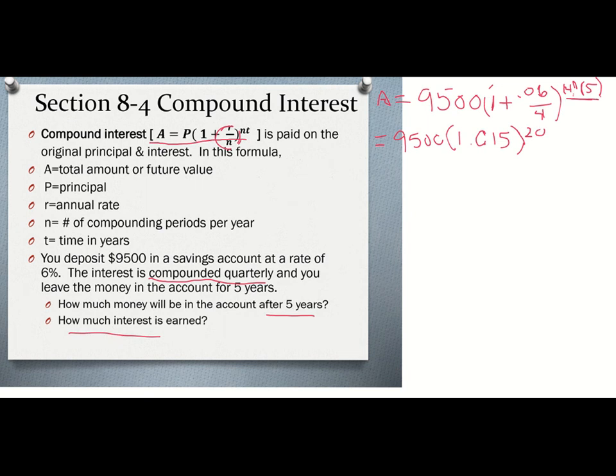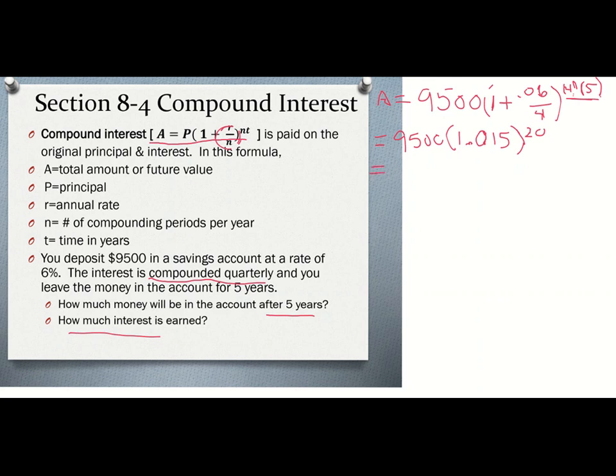So now exponents first. So I'm going to take my 1.015 and raise that to the 20th power. On your graphing calculator, to do the 20th power, if you have a TI-84 or a Texas Instrument, right below the clear button and above the divide button is a caret, and you punch that and then punch in your 20. And again, don't round until the very end.